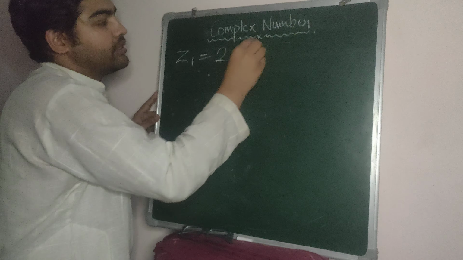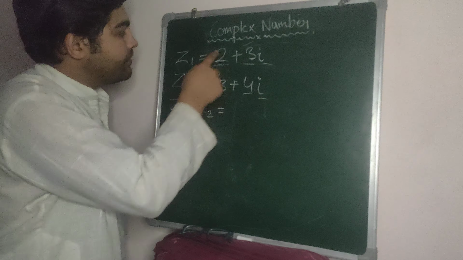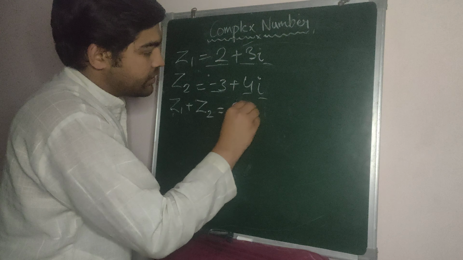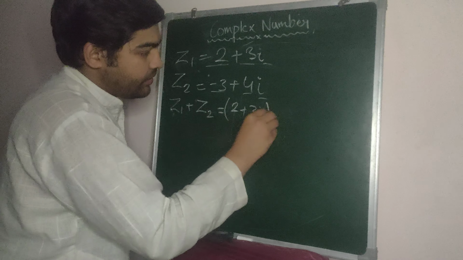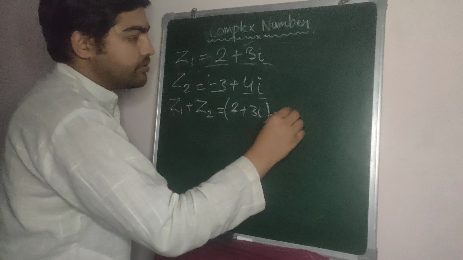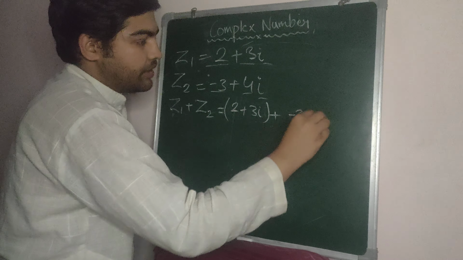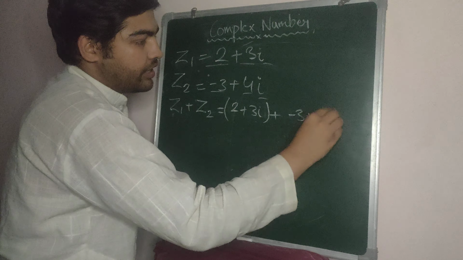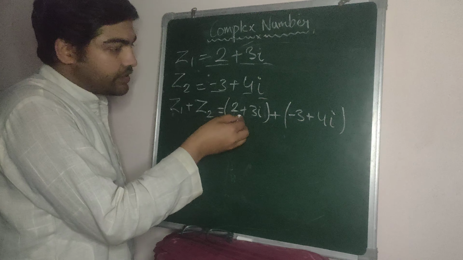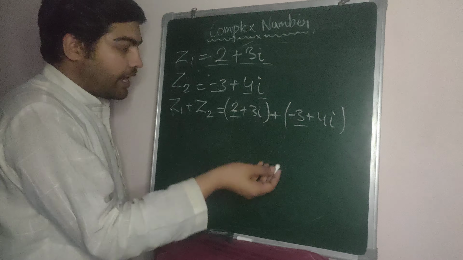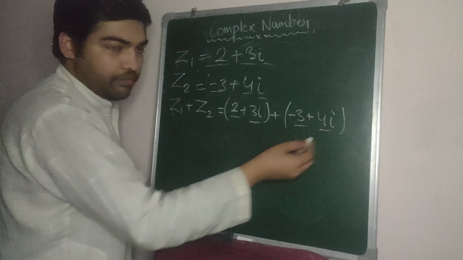Similarly here, if we add Z1 plus Z2, Z1 is 2 plus 3i plus Z2, which is minus 3 plus 4i. If we add these numbers, then we have to add the real part to the real part and the imaginary part to the imaginary part.